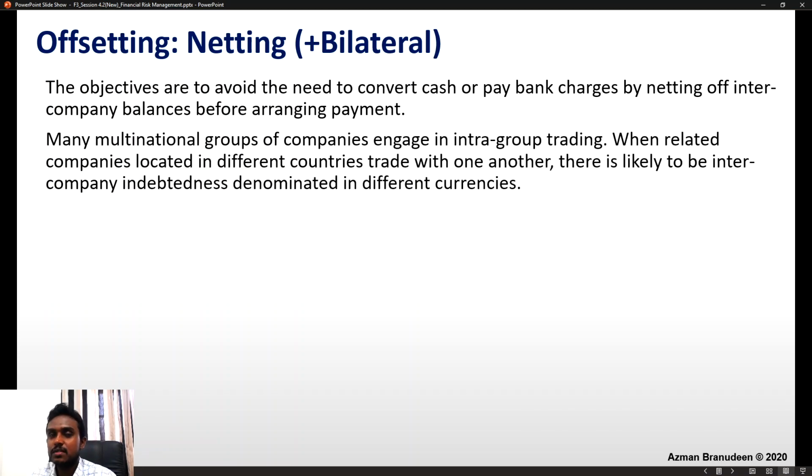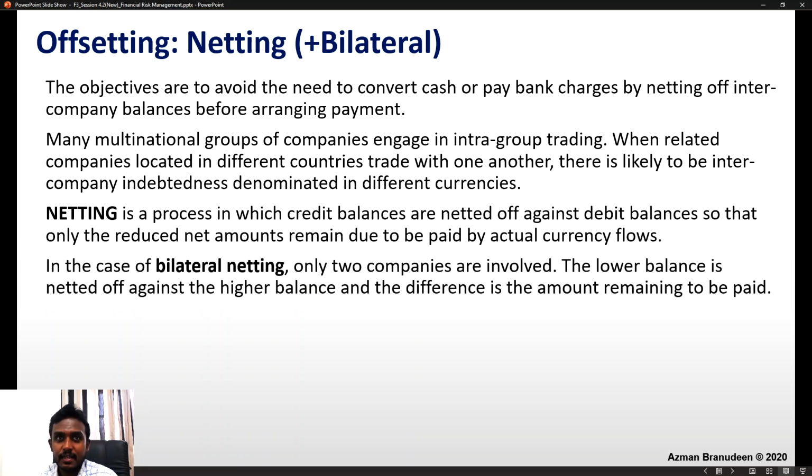Many multinational groups of companies engage in intra-group trading. When related companies located in different countries trade with one another, there is likely to be intercompany indebtedness denominated in different currencies. So what do you do? Netting is a process in which credit balances are netted off against debit balances, so that only the reduced net amounts remain due to be paid by actual currency flows, especially within the group.